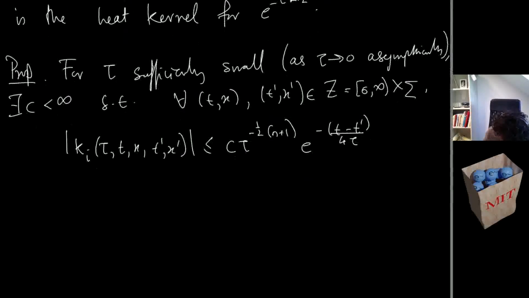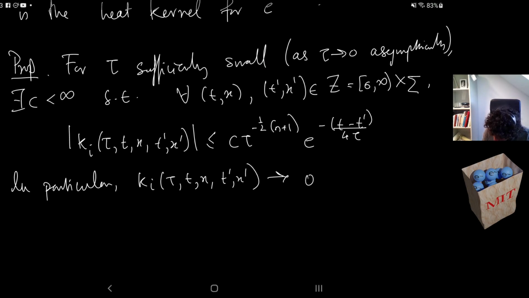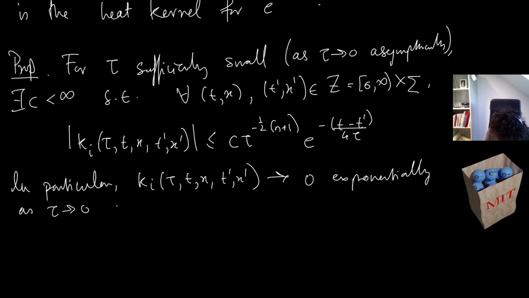So in particular, ki tau t x t prime x prime decays to 0 exponentially as tau tends to 0, where n is the dimension of the sigma.